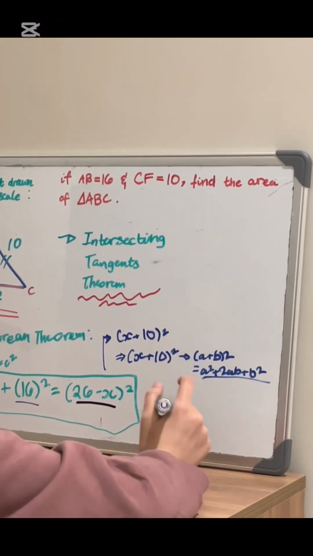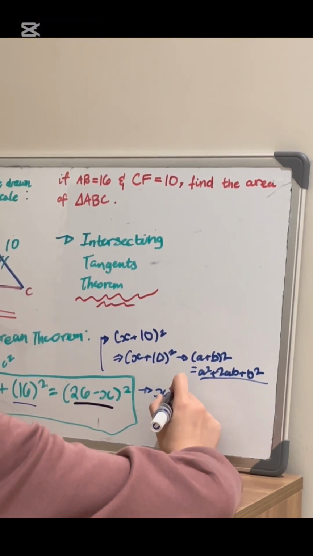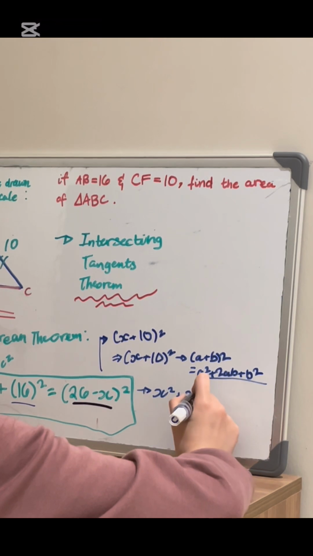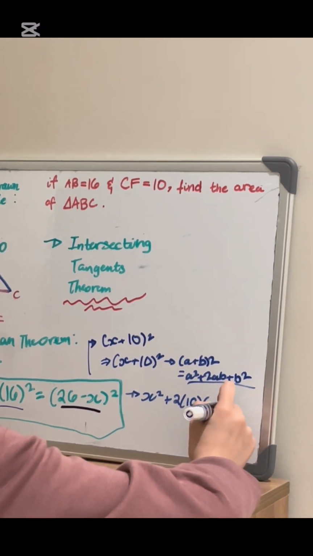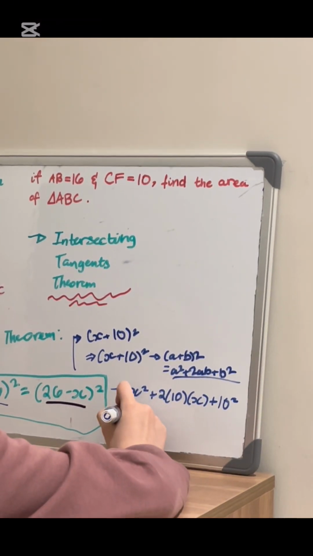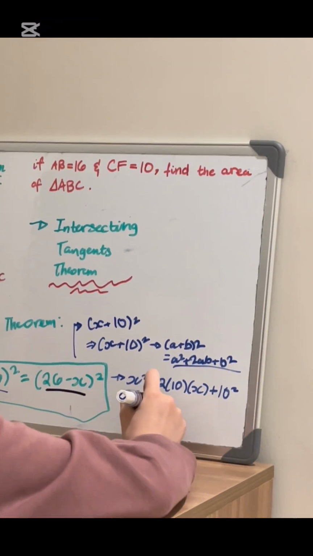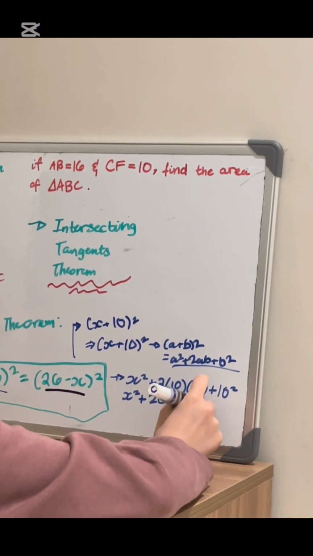By applying that formula, we get a squared plus 2 times 10 times x plus 10 squared, which is x squared plus 20x plus 100.